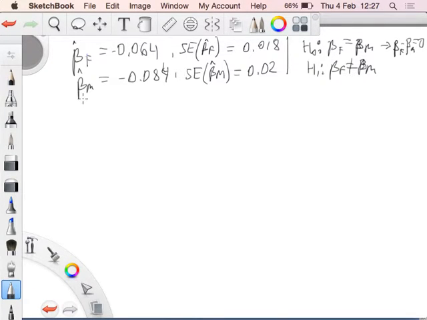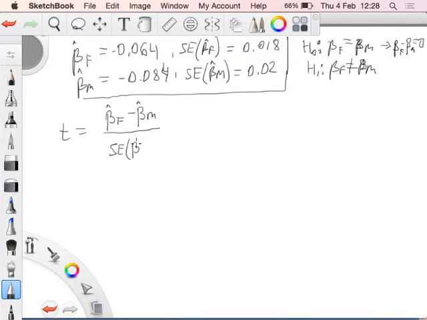Now, the testing of the hypothesis would be something like this. Because we're looking at the difference, we need to find the difference between the beta coefficients and its standard error as well.